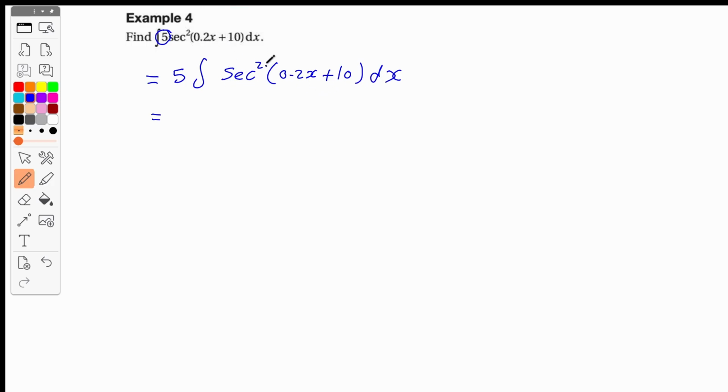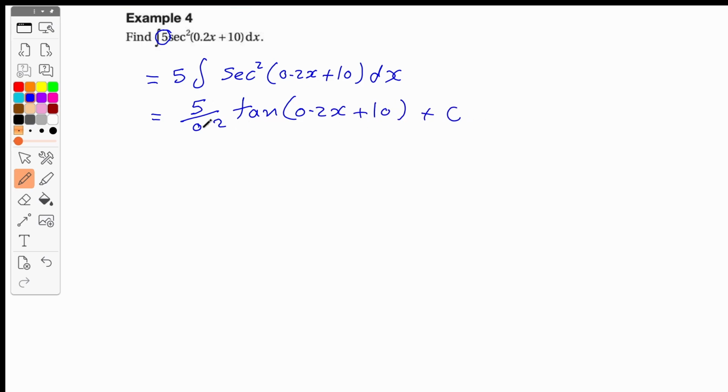We know the integral of secant squared is tan. But here there is ax, so you need to divide by that a. So this 5 must be divided by 0.2, tan of the same quantity 0.2x plus 10, then plus c.